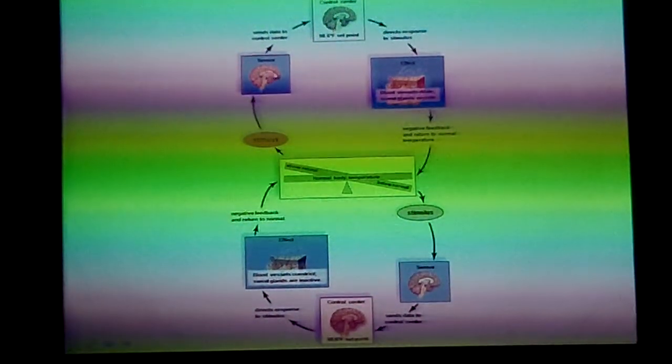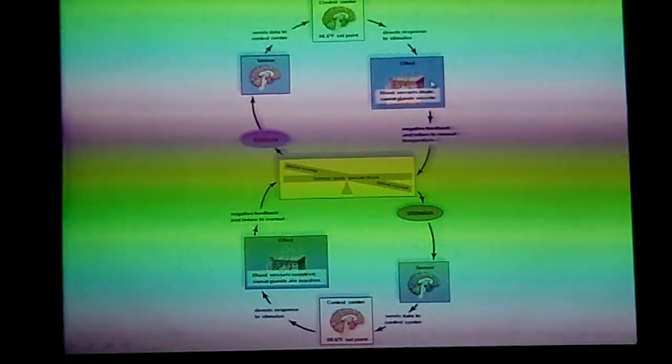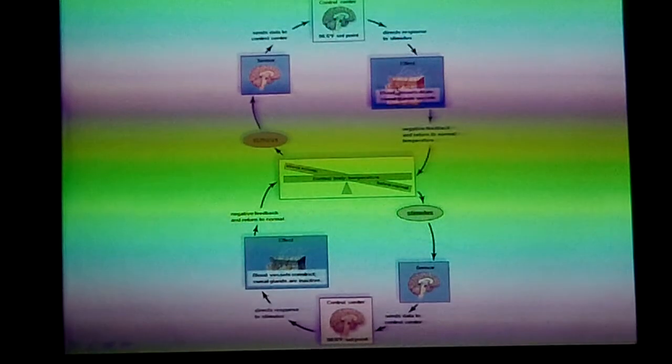If it gets too warm, the hypothalamus, which is a part of the brain, can sense it, and it'll send nerve signals to your skin and tell the blood vessels in your skin to dilate. That means to get wider. And more blood will rush to your skin, and your skin will turn kind of red. You ever notice that when you're hot, your skin turns red? And the hot blood is near the surface, and the heat can be lost to the cooler air.